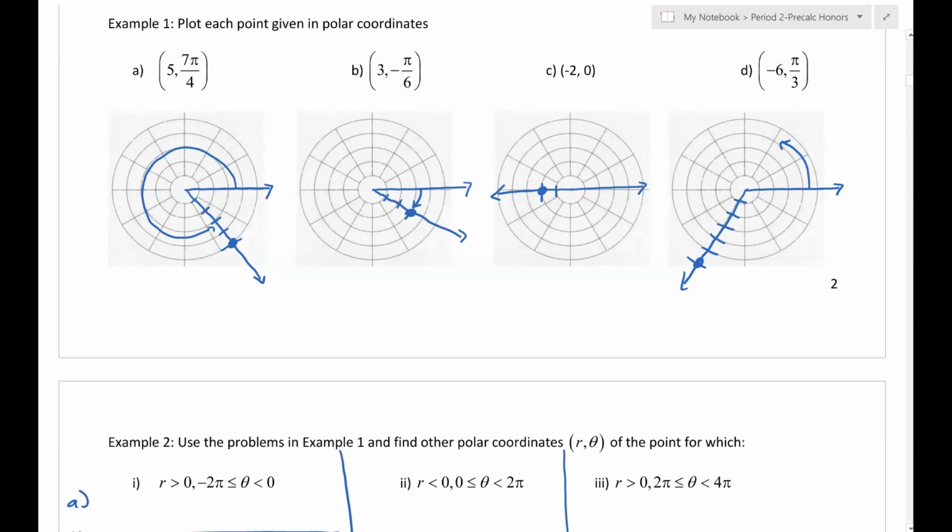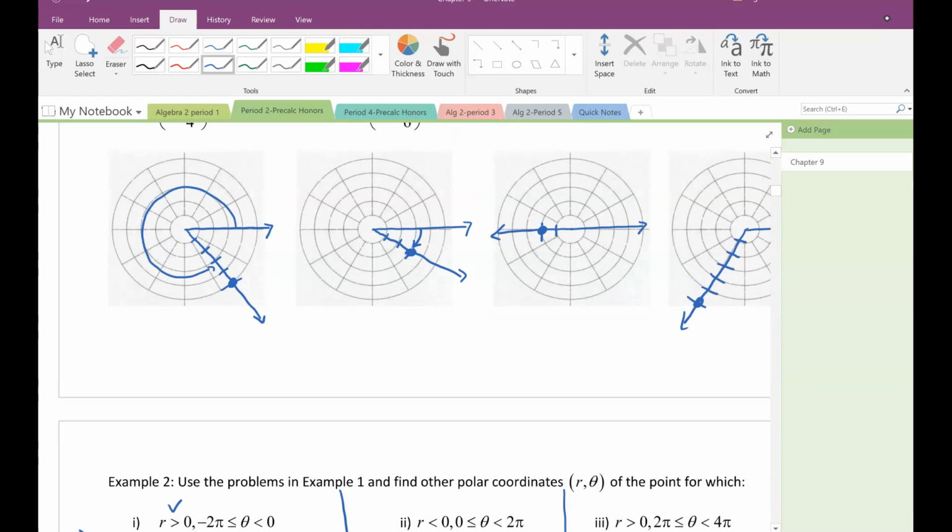1A, the original was already a positive radius, so we got positive radius check, and the angle was positive 7 pi over 4. But the restriction, for example, 1i is now it wants us to change it to a negative angle. So all we do is, remember, we still have to end up at exactly the same spot, okay?